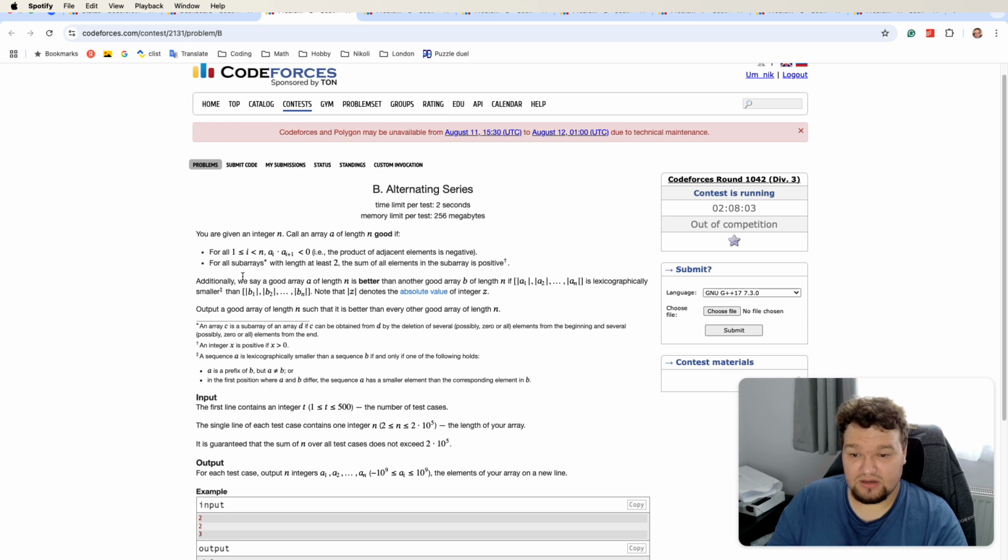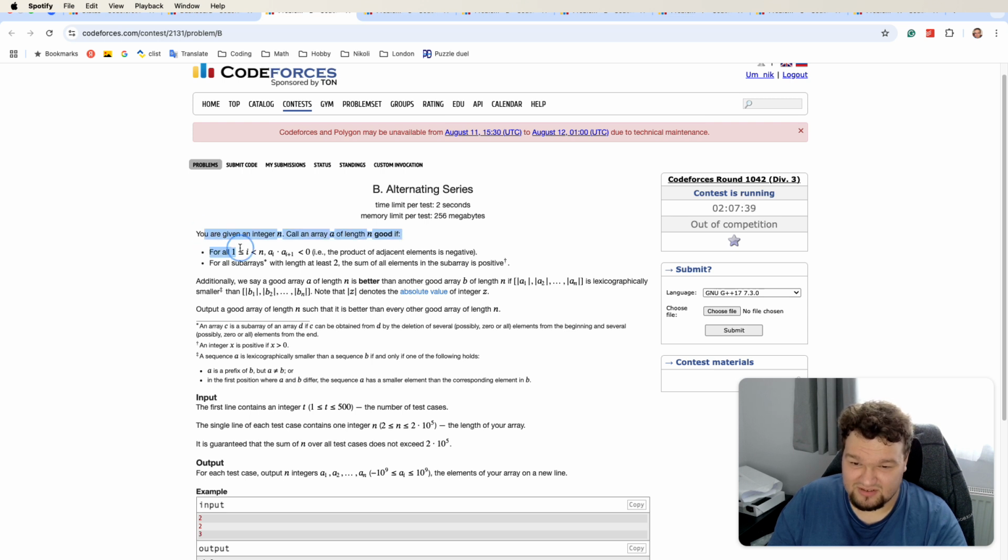Okay. Additionally, we say a good array A of length n is better than another good array B of length n if the sequence of absolute values of A is lexicographically smaller than the sequence of absolute values of B. And that's problem B of a third division contest.